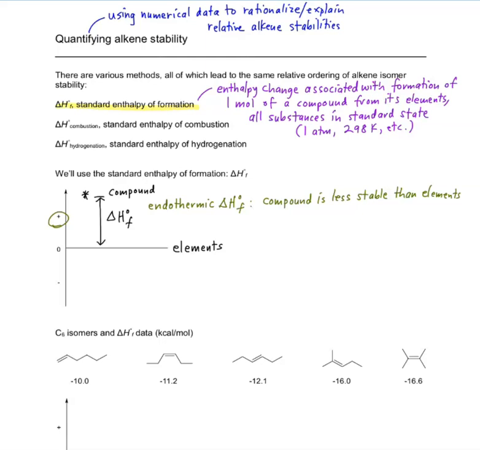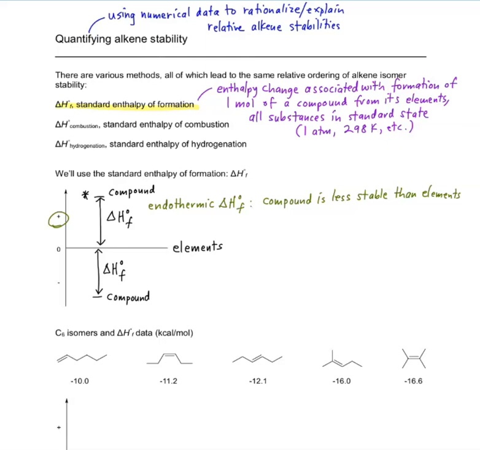Now, there are compounds that exist like that. There's more than just a few. But what we're going to encounter are compounds that are more stable than the elements that are used to create them. So here's the energy level of such a compound. And this difference would be the heat of formation. That would be the energy released when that compound is formed from its elements.